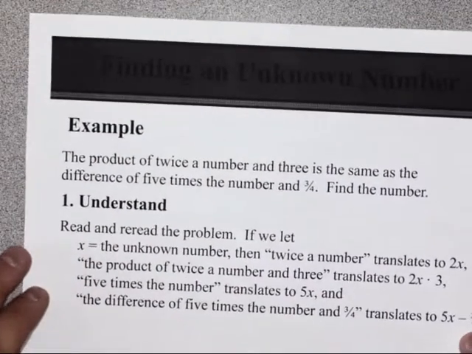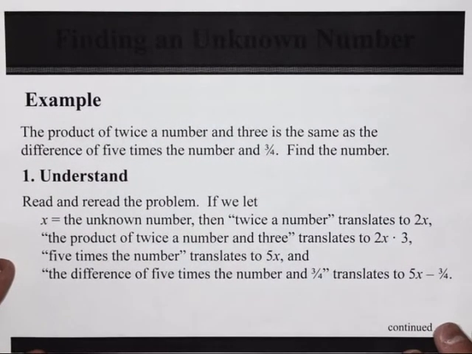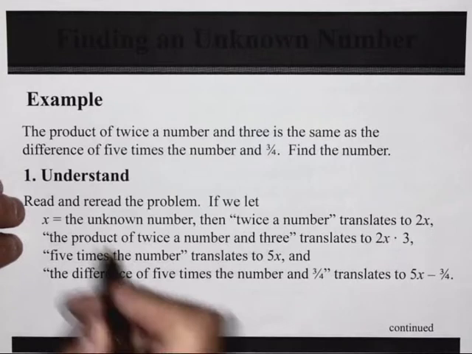Okay. So here's an example. The product of twice a number and 3 is the same as the difference of 5 times the number and 3/4. Find the number. So the important information here, there's a lot of important information.